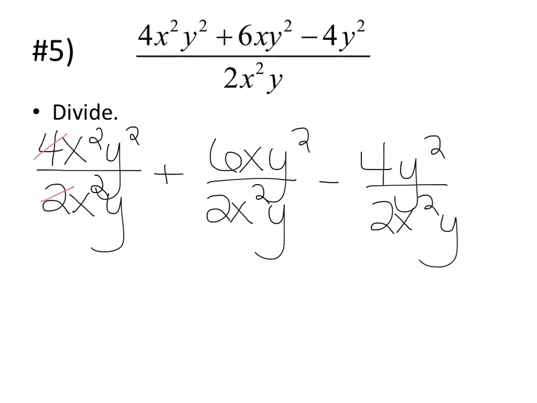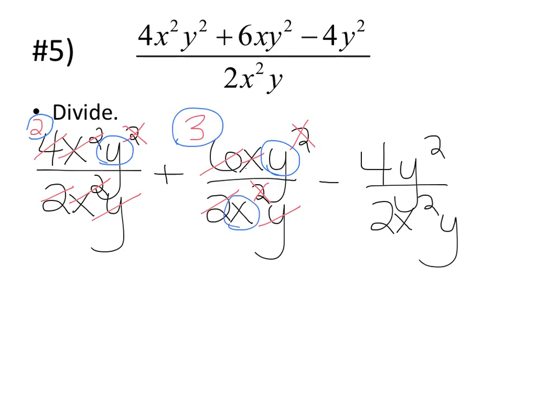So 4 divided by 2 is 2. The x squareds cancel each other. 1y down here cancels 1y up here. So I'm left with a 2 and a y. 6 over 2 is 3. 1x up here cancels 1x down here. And 1y down here cancels 1y up here. So I'm left with 3y in the numerator and x in my denominator.